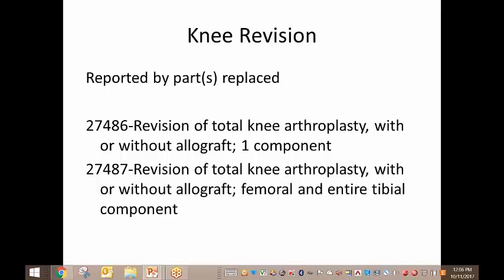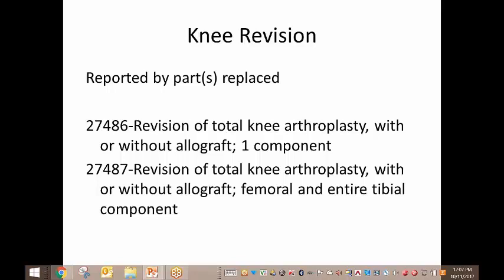Unfortunately, I'm one of those people. There's a lot of confusion as to when do we use revision, when do we use just the total knee replacement, and what other codes do we use.